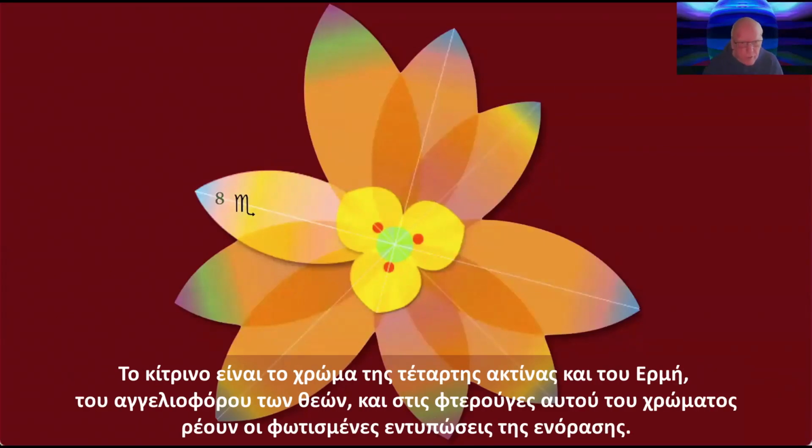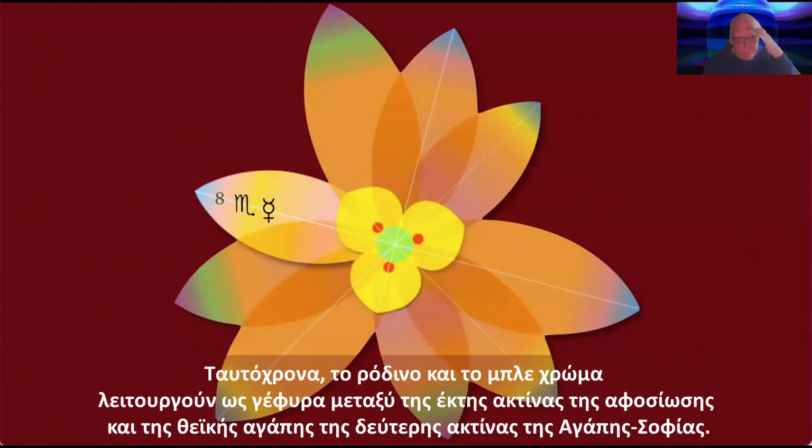Yellow is the color of the fourth ray and of Mercury, the messenger of the gods. And on the wings of this color stream the enlightened impressions of the intuition. At the same time, the rose and blue act as a bridge between the sixth ray of devotion and the divine love of the second ray of love-wisdom.